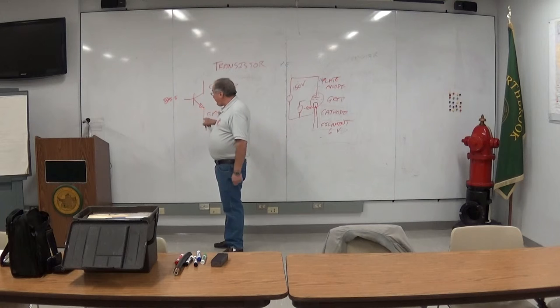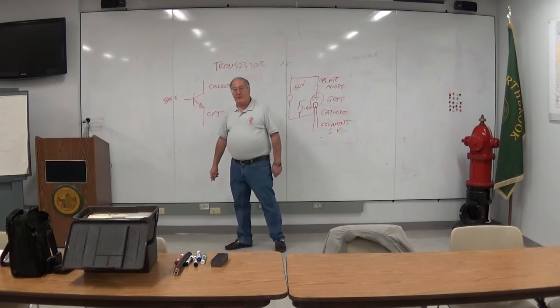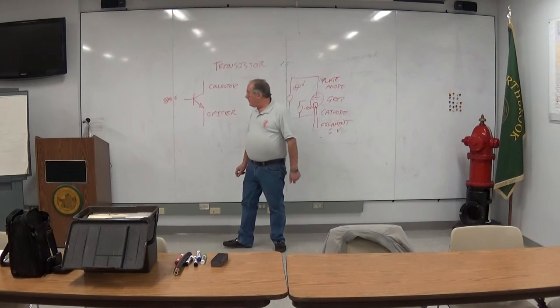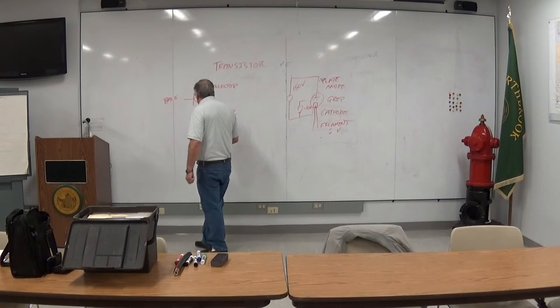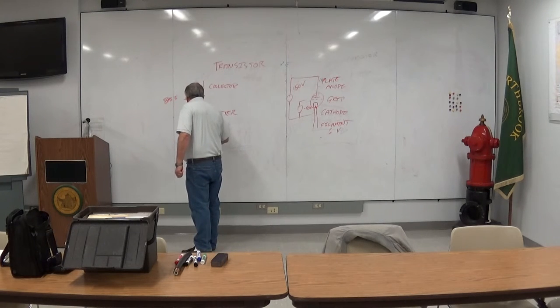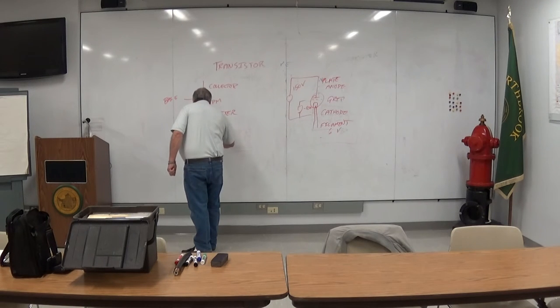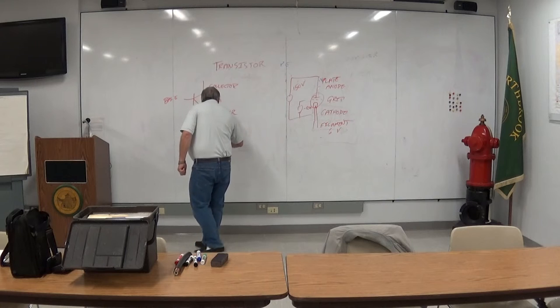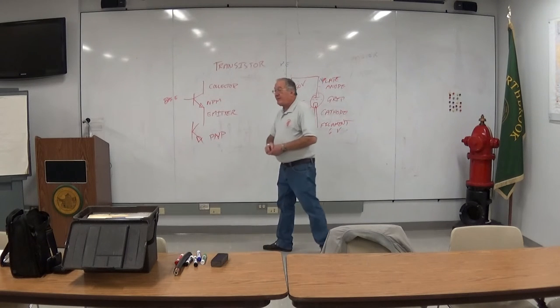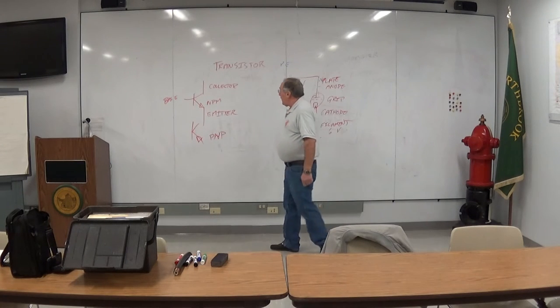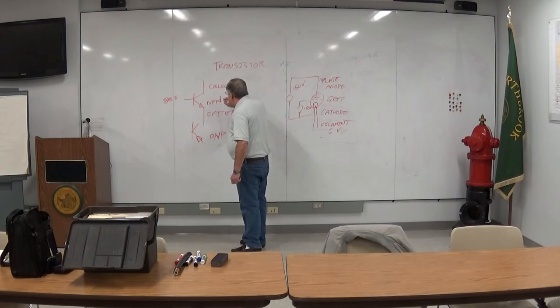This arrow is always the one where the emitter is in the circuit. The direction the arrow goes defines it as being an NPN or a PNP kind of transistor. They have to be one or the other. NPN.